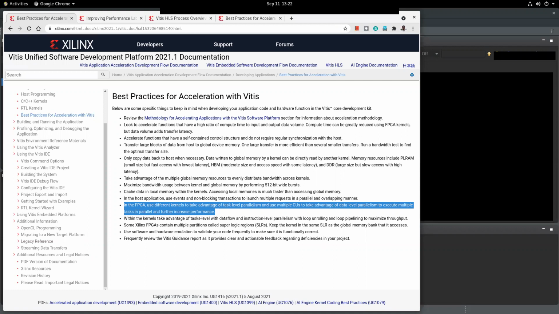Right now, within a kernel, we try to use pipeline parallelism. We try to use data parallelism, but at a small level, at the instruction level. Task level parallelism we can achieve by having multiple kernels.